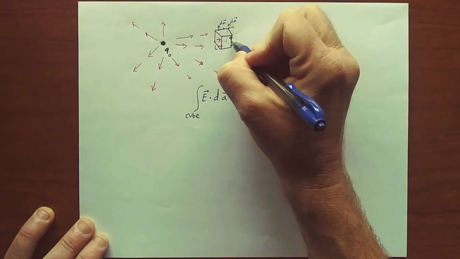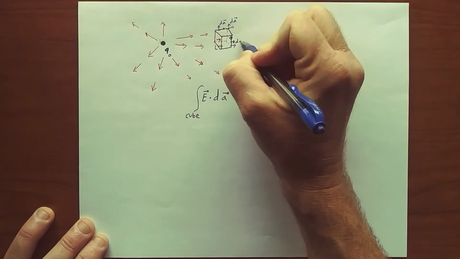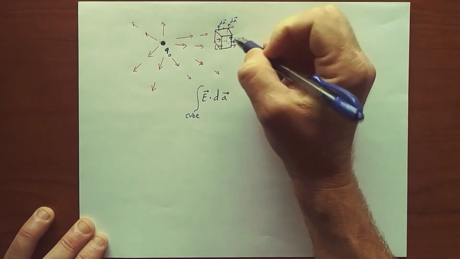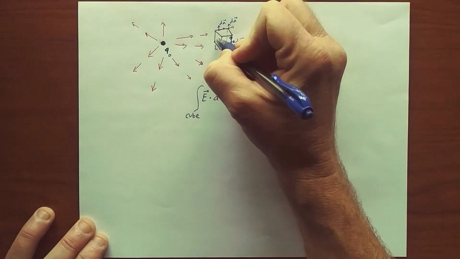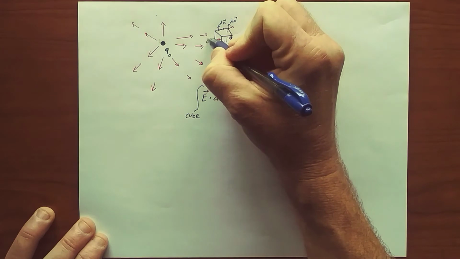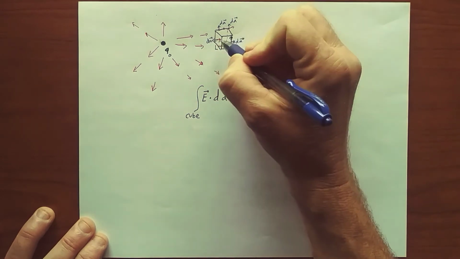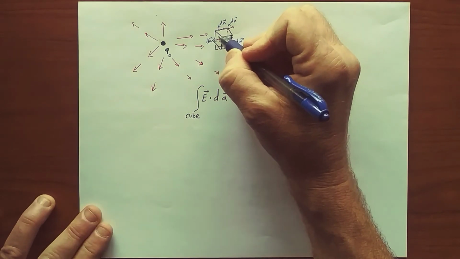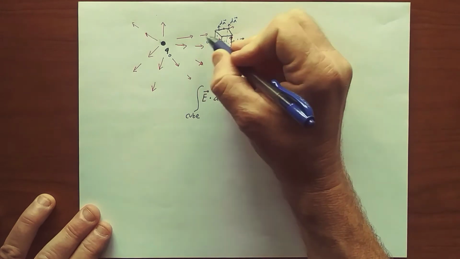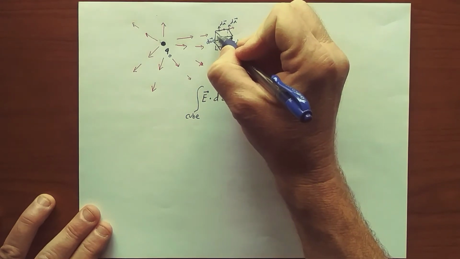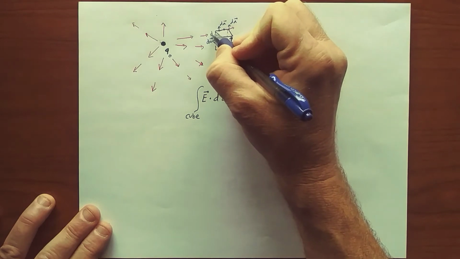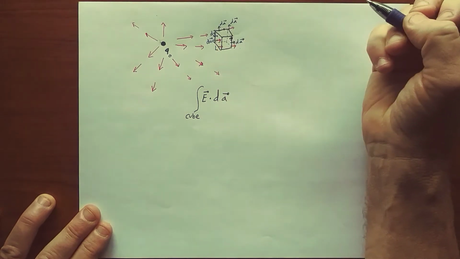The dAs on this side are all normal to that other side. And here we have dAs pointing directly opposite to the electric field. And some places will have an angle. Right here, the electric field is coming in, not exactly normal to the surface, but the dA is normal to the surface. So it looks like a pretty complicated calculation.